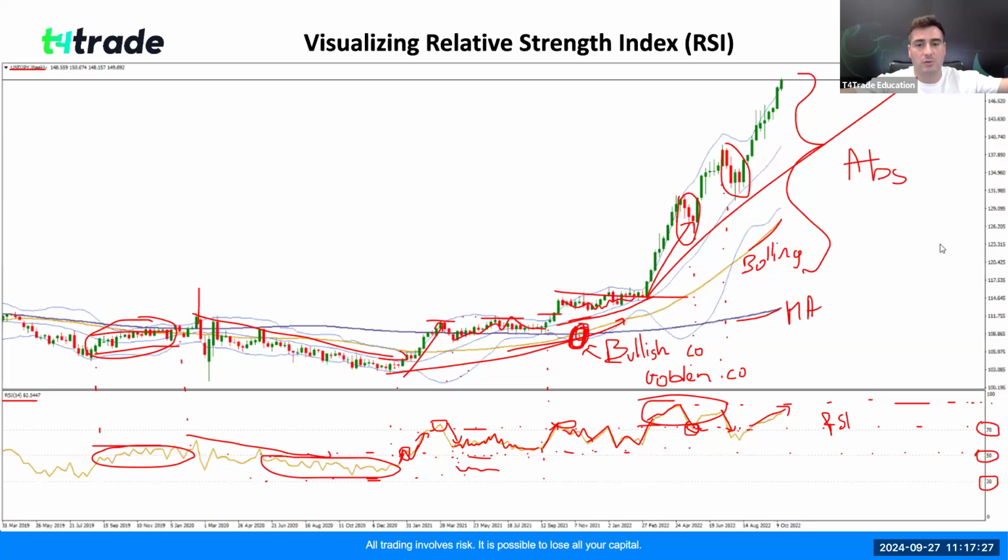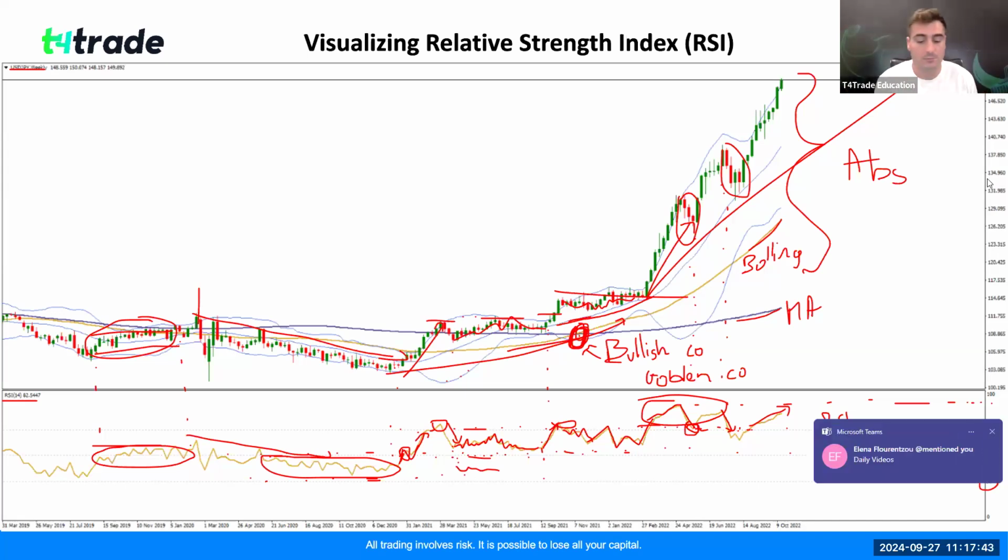Nothing else to do. Nobody goes short in this kind of environment when you have 5 out of 5. Okay, 5 out of 5 indications telling you you should go long, go for it, and wait for the period where you're going to see where the shift in the trend has taken place. Okay, so moving on.